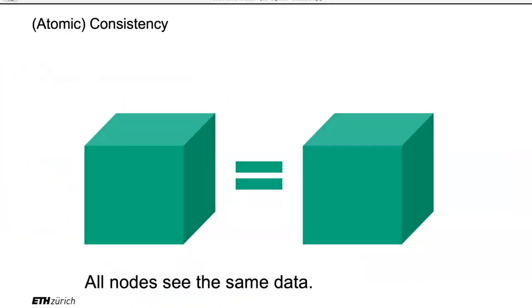So what do they mean? Atomic consistency. Oh, by the way, I made a mistake. In ACID, it's not atomic consistency. That's consistency. The consistency in the CAP theorem is not the same consistency as in the ACID framework. In the ACID framework, relational databases, consistency means that your table or your data is in a consistent state. If you have integrity constraints on your schema and so on, then in between transactions, they are always fulfilled.